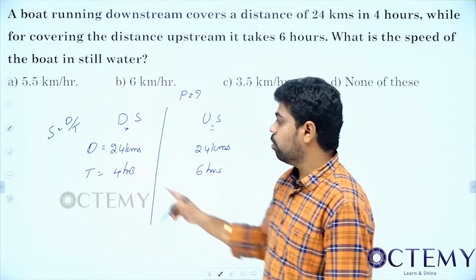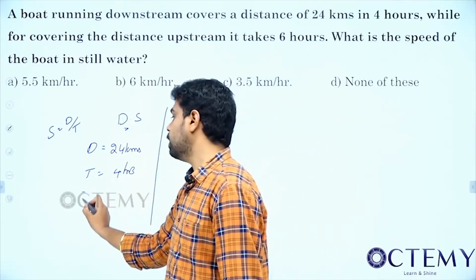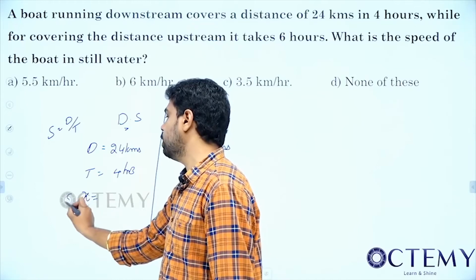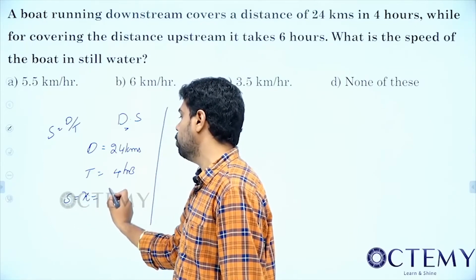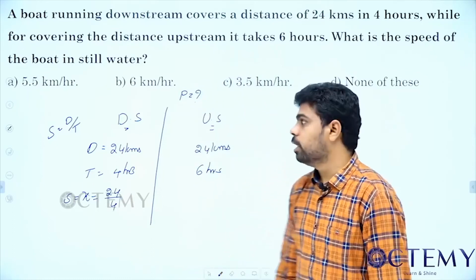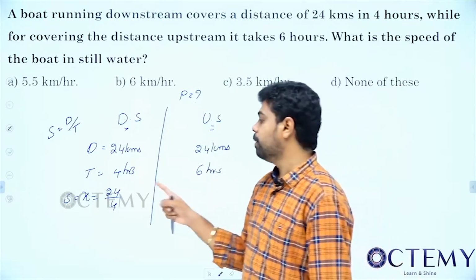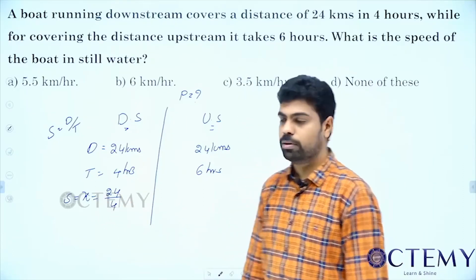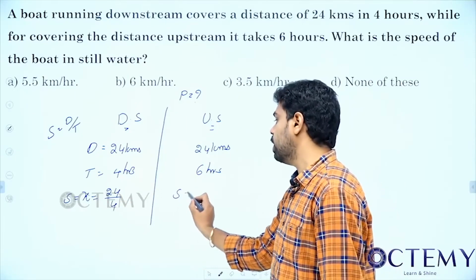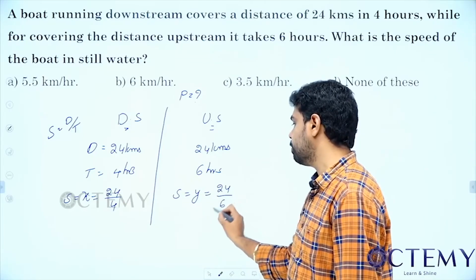So now this is downstream distance, downstream time. So you will get x, speed, equal to nothing but x is equal to 24 by 4. Always remember, in boats and streams, when you take distance by time, you will always get either x or y. In the same way here also, y is equal to 24 by 6.